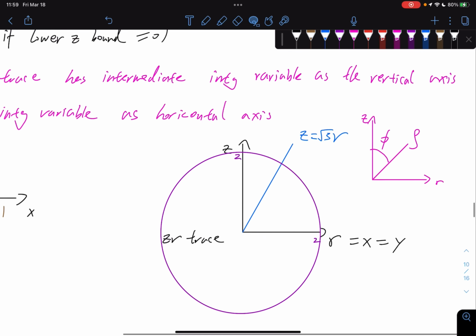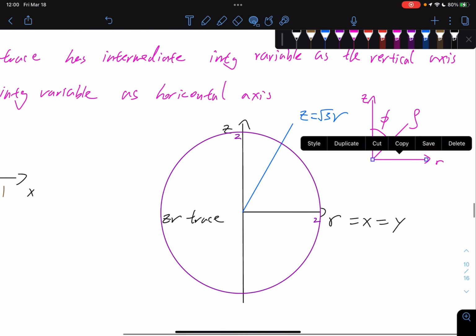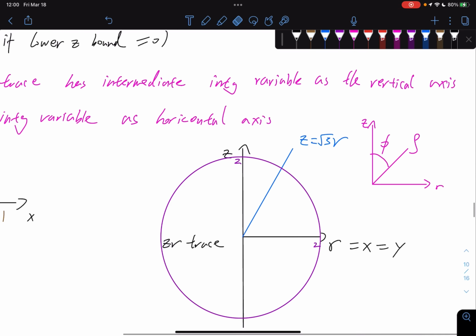But obviously, the bounds of the circle are... sorry, let me phrase my language a little better.